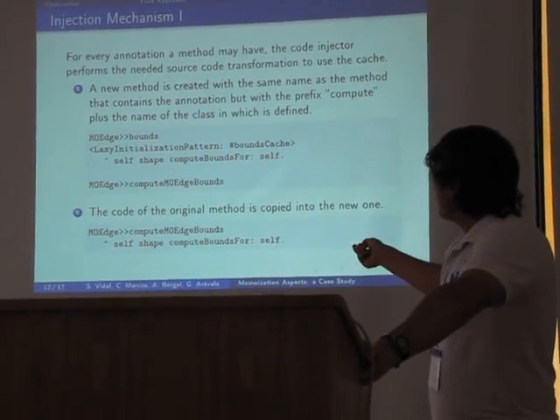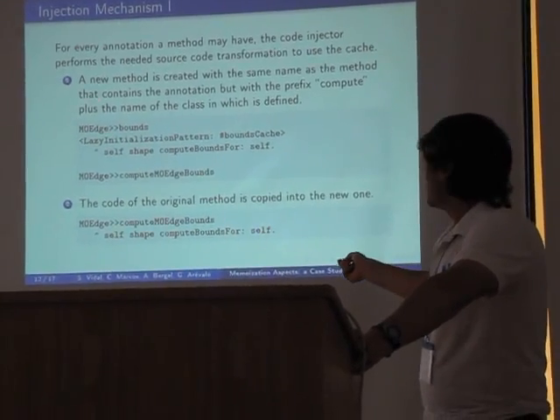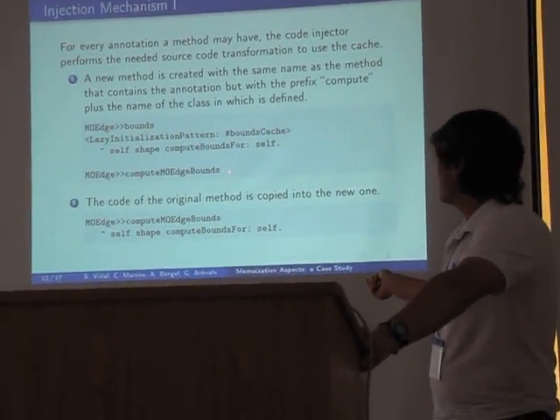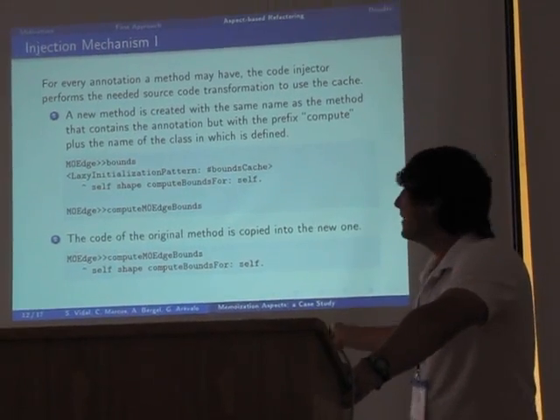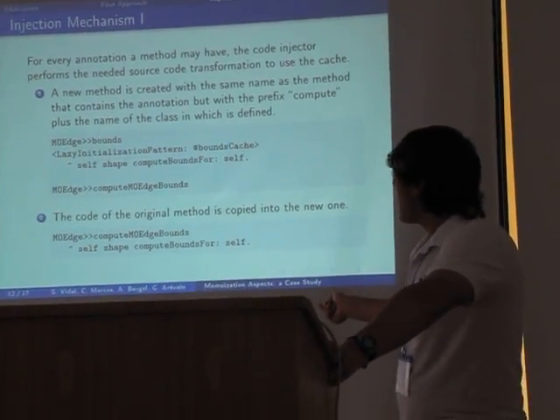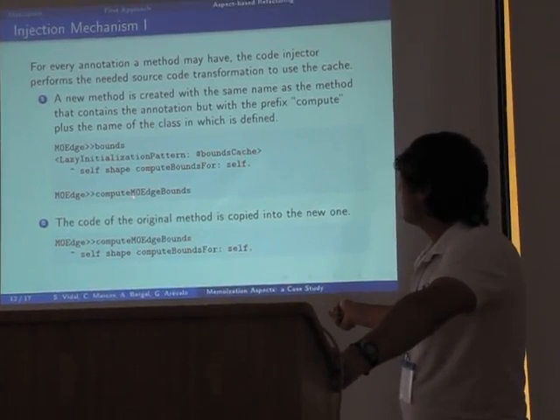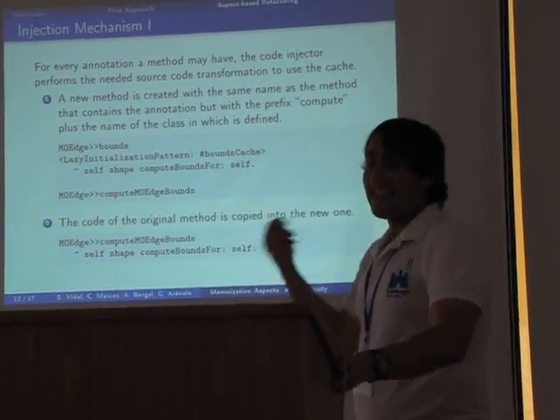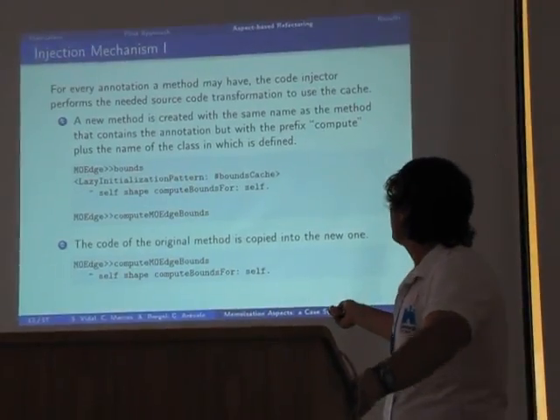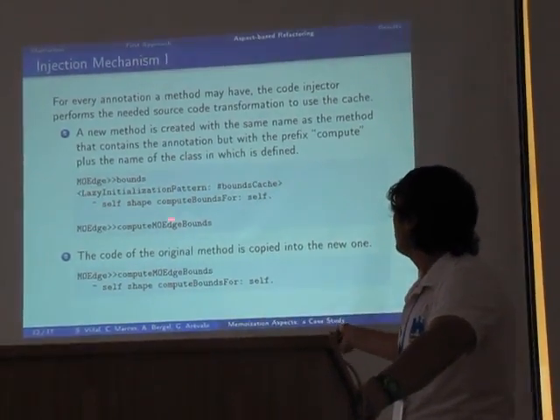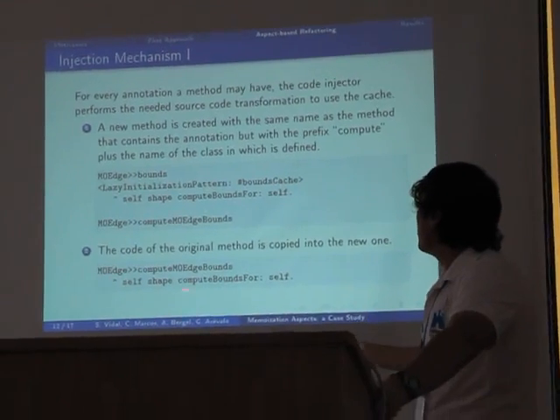The first step is to create a new method that has the same name as the original method, but with the prefix compute plus the name of the class. Then we copy the original code into the new method.